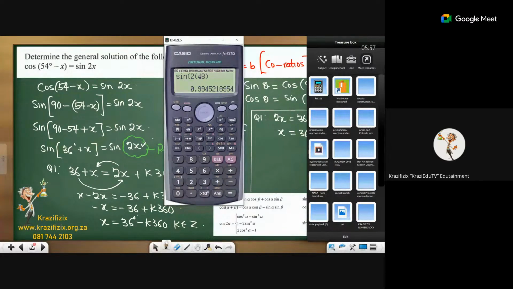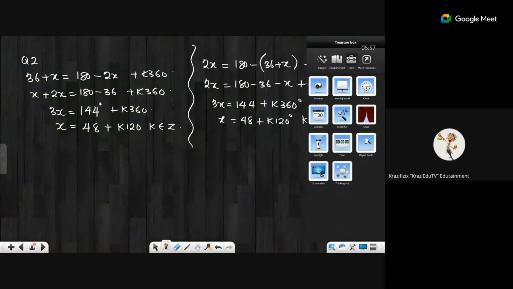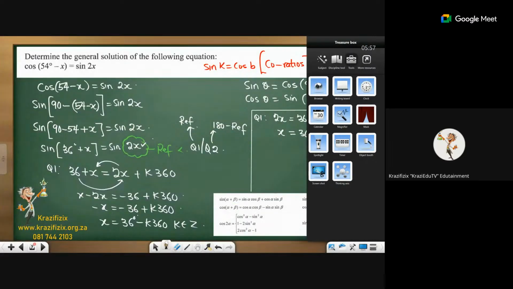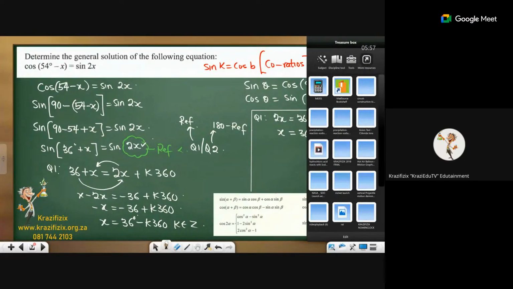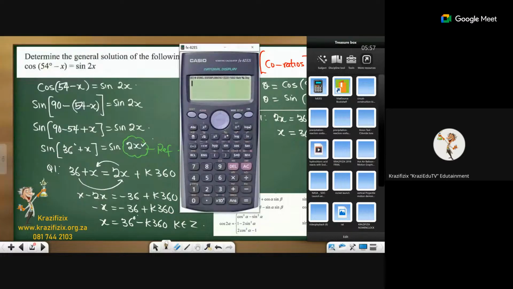Now, where's my calculator? 0.99452, yeah, 0.99452. Perfect. Six marks in the bag, quality marks, and I move to the next.